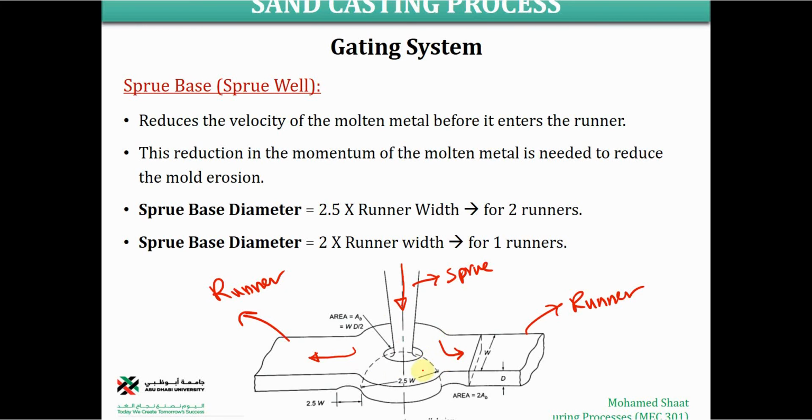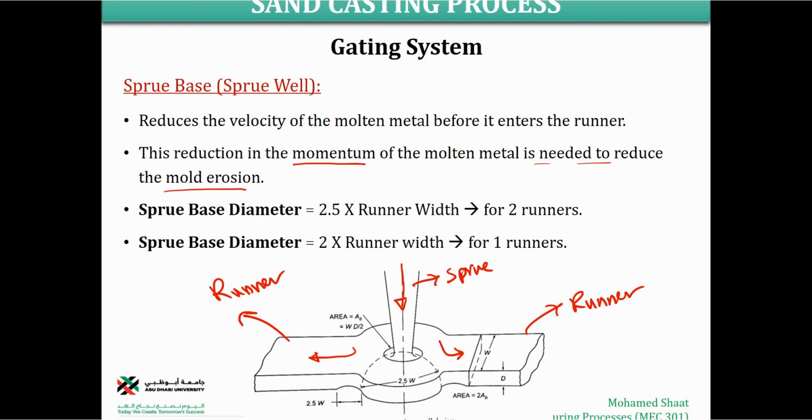So the function of the pouring cup is just to allow for the collection. This leads to a reduction in the momentum of the molten metal, which is needed to reduce mold erosion. Mold erosion also traps more air, as we discussed, to fill into the mold cavity, because as I mentioned, it is hard if you try to switch the direction of the flow of the metal directly or very quickly.